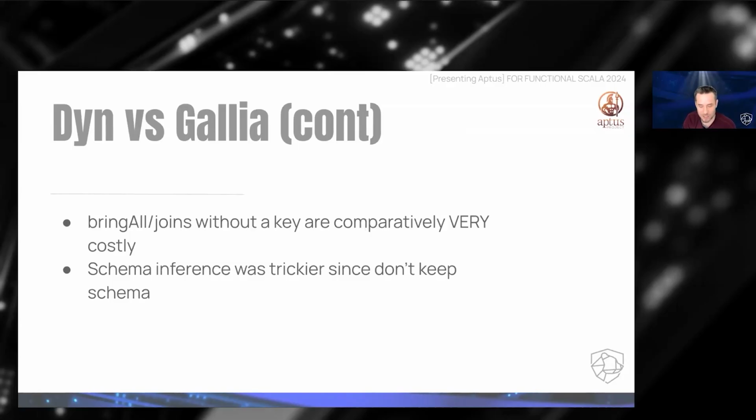Because I don't have the schema, whenever I do things like join, it's a lot more costly to know what keys are in my data set. And I took schema inference for granted. For instance, if I read a JSON document, I took schema inference for granted. But me personally, I don't want to deal with a double if the JSON document contains an integer. So I had to put in place a small schema inference and basically toss the schema, which I don't use further than that. I thought that was just an interesting aspect.